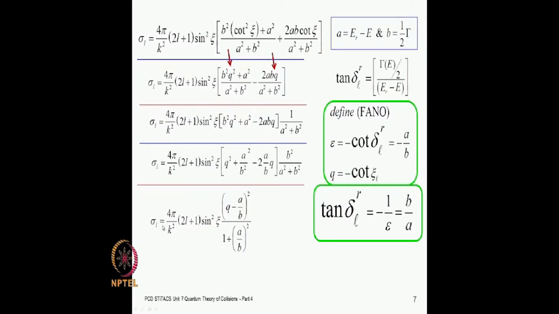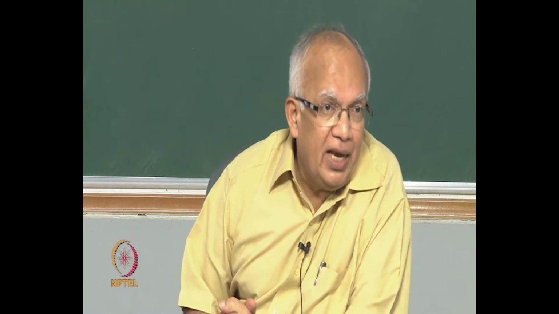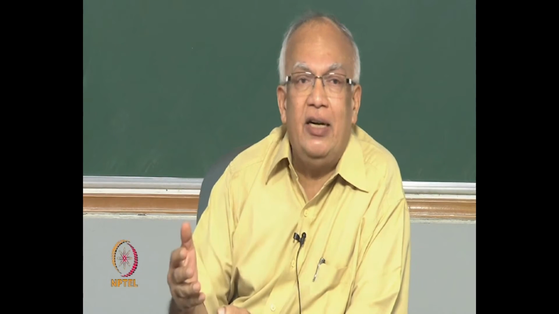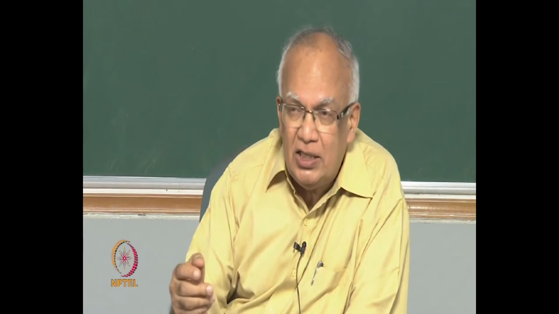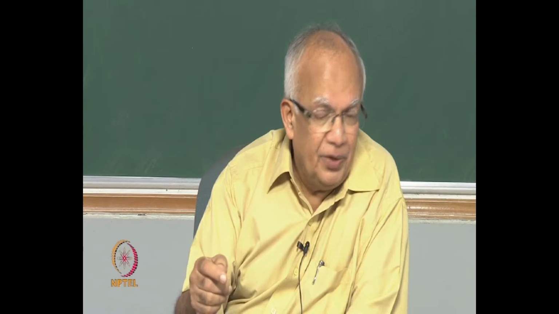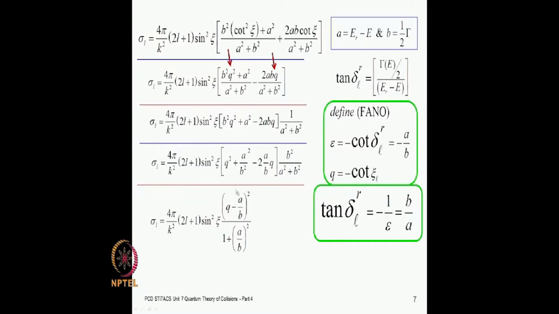Okay, so now we can write the Lth partial wave cross section, which contains all the three contributions, one from the background, then from the resonance part, and then from the interference part. So all the three together, because that's what an experiment is going to see. The experiment does not distinguish, when you have a detector, it is not going to sense which part is coming from which term. So you will get a net effect, and that net effect is now written in terms of these two parameters.